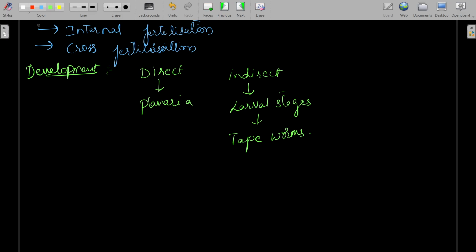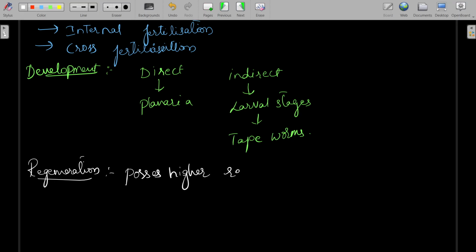Next, coming to regeneration. This regeneration capacity is very high in planarians, the free living forms. So these possess higher regeneration capacity. Which have regeneration capacity?